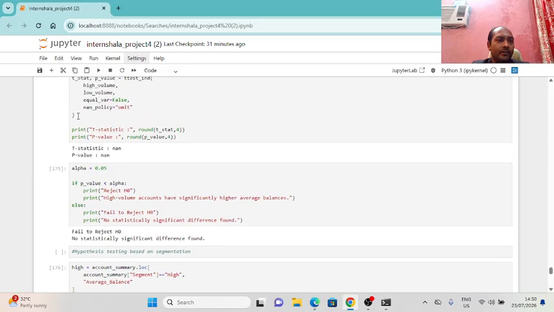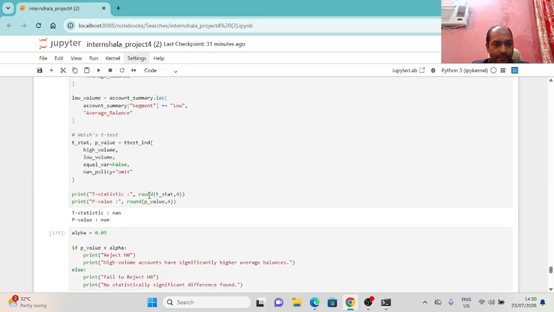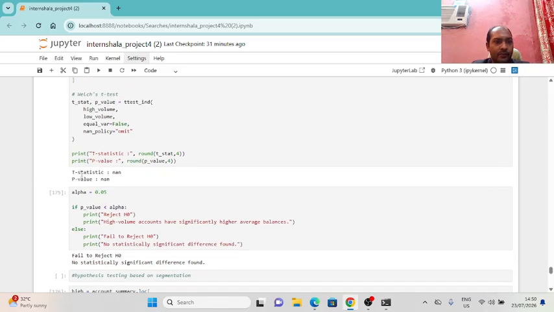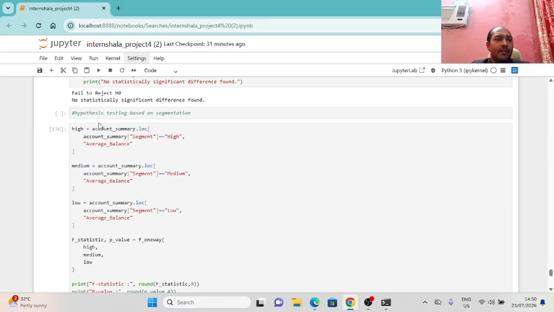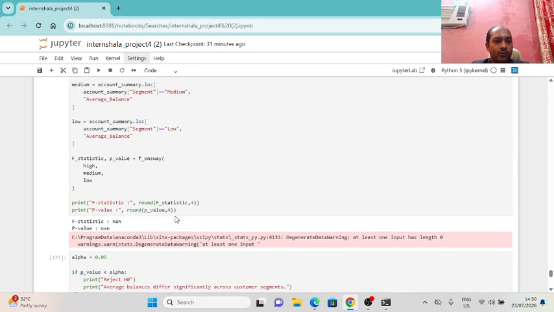Then I have calculated the T statistic and the P value, where the T statistic is none and the P value is none. At the last we have to do the hypothesis testing based on the segmentations. In the above data we have calculated all the segmentations of the customers, like high segment, medium segment, and low segment.